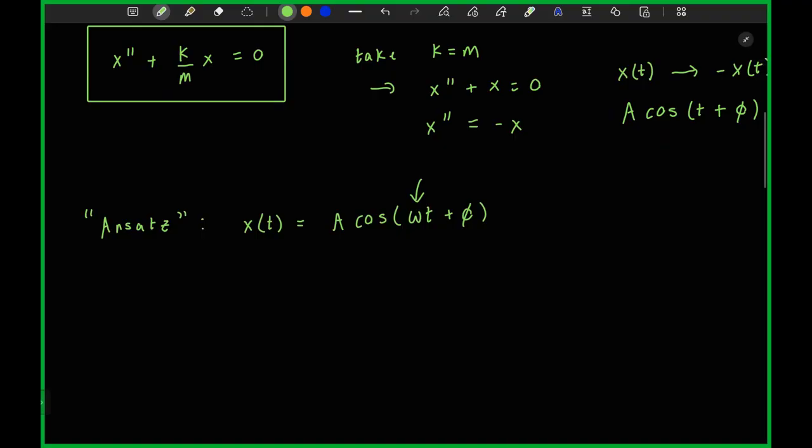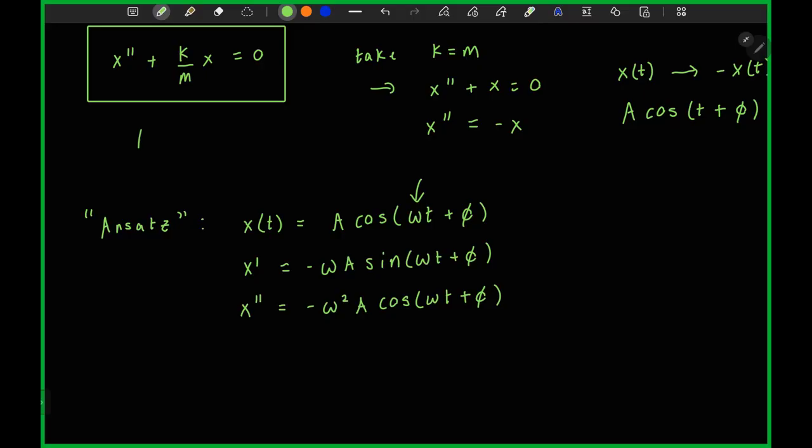Well, I'm going to start by first computing x prime. x prime will be negative omega A sine omega t plus phi. And then x double prime will be equal to negative omega squared A cosine omega t plus phi. And now I'll go ahead and plug that into our differential equation.